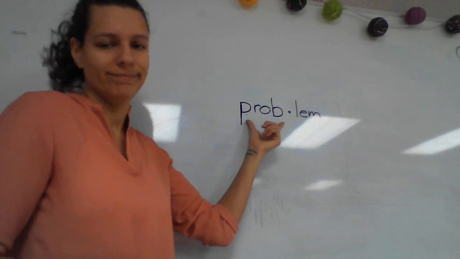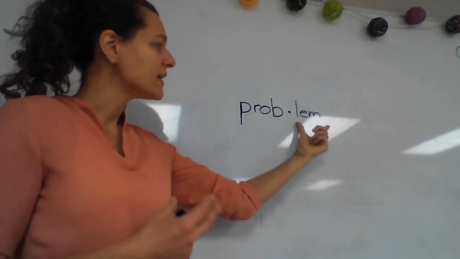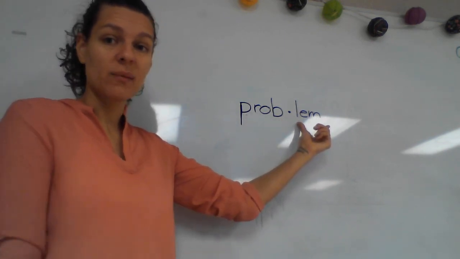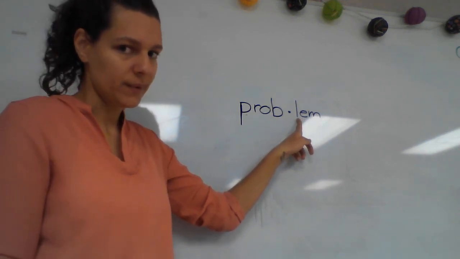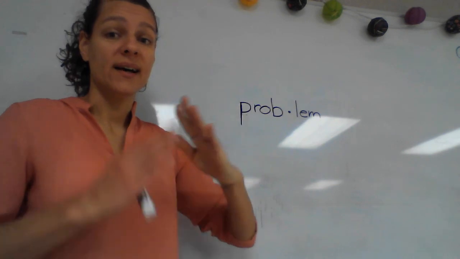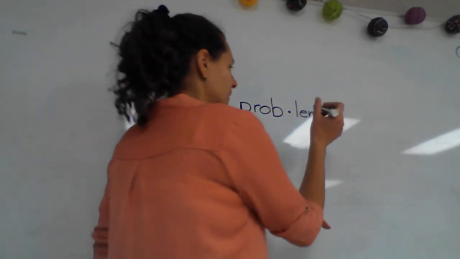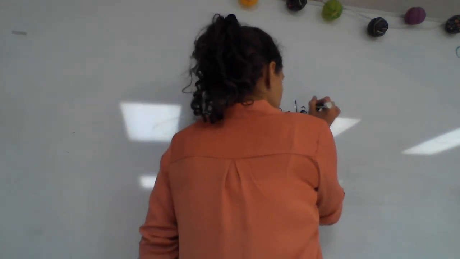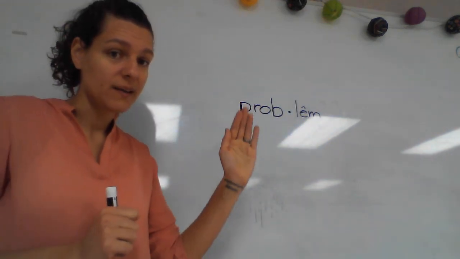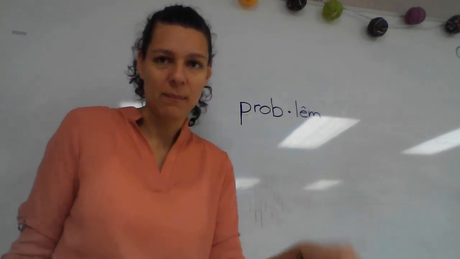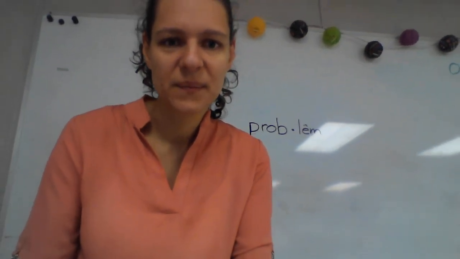Prob, no. All right, this we say lem to spell it, we say lum when we're speaking. So is this getting our thinking cap? No. How about this? Good, our E is the one that gets our thinking cap. So one more time, how do we say this word to spell it? Good, problem.